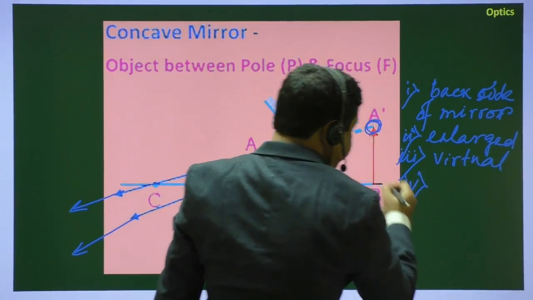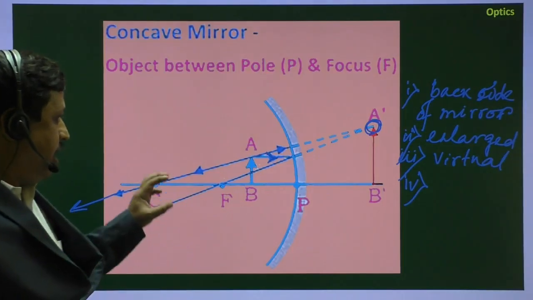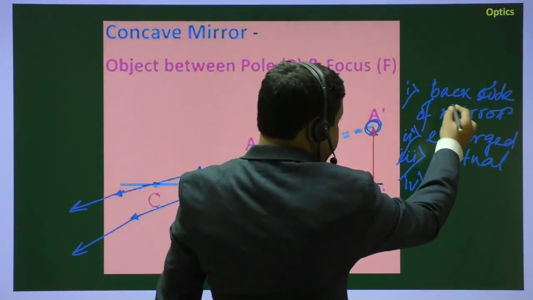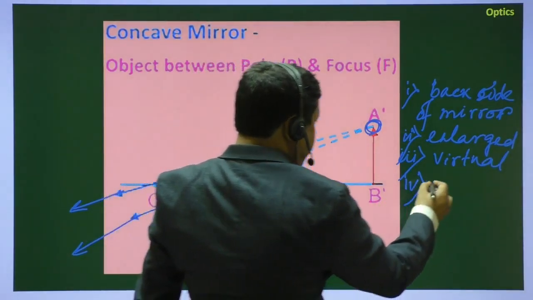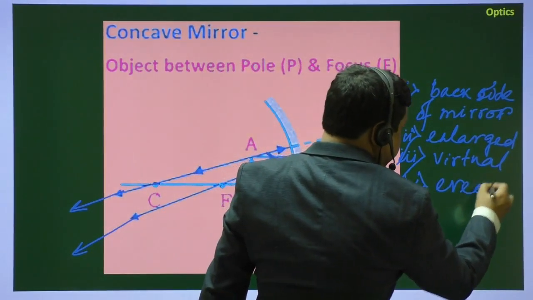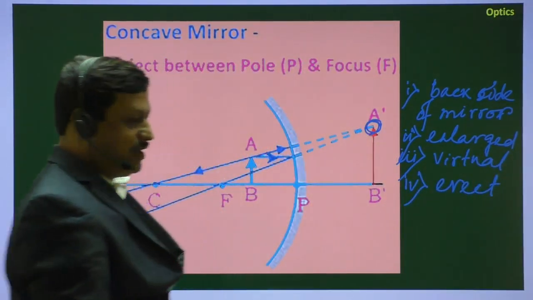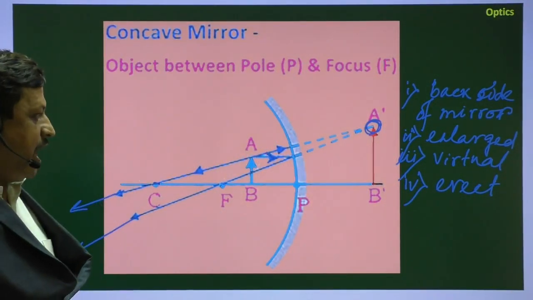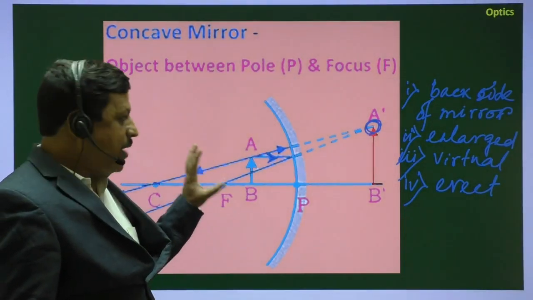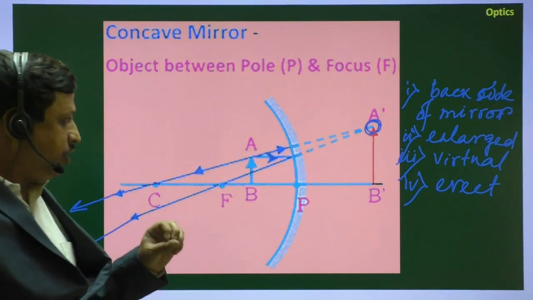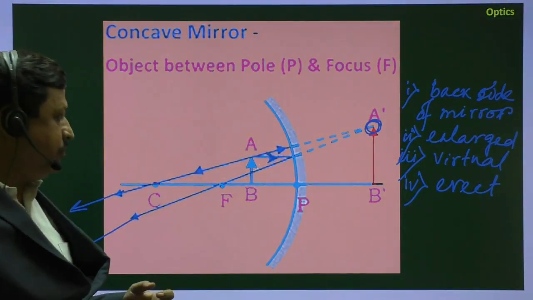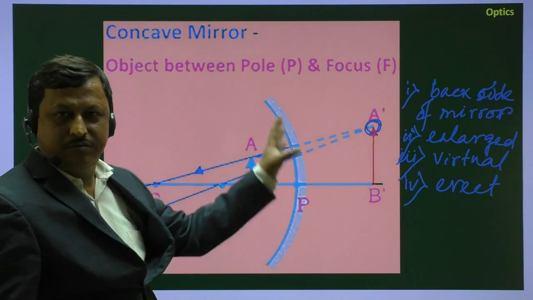And number 4, it is enlarged, virtual and erect. This is not inverted, this is an erect image. And basically this position is used as a shaving mirror. In the case of a shaving mirror we can use this.